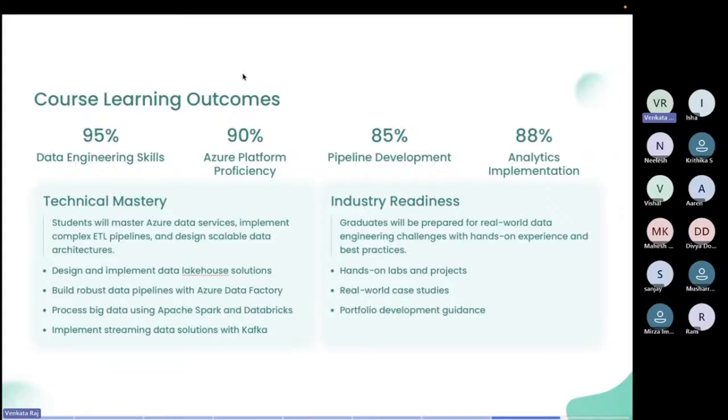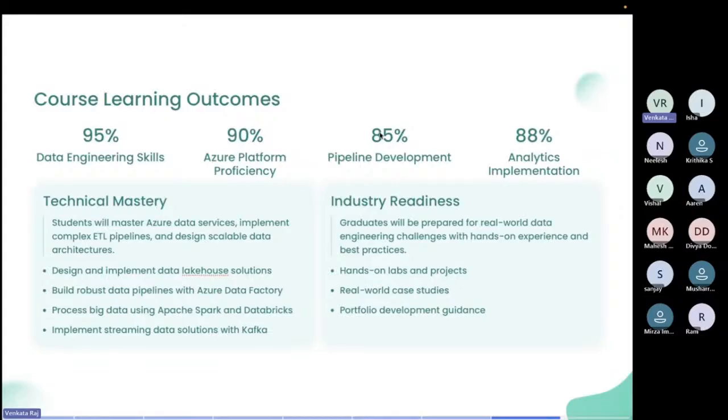Then Azure platform proficiency, this 90% is going to include only those services that we'll use as part of our daily job in an Azure data engineering role. There are a lot of Azure services. We are going to discuss only the services that a data engineer generally uses. So in that aspect, 90%, in terms of an Azure data engineer.